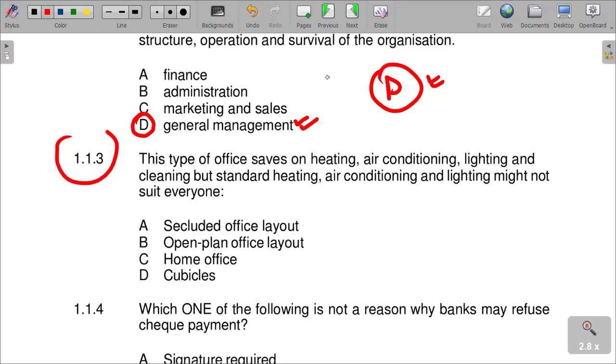Number three: this type of office saves on heating, air conditioning, lighting, and cleaning, but standard heating or air conditioning and lighting might not suit everyone. Which office saves on that?